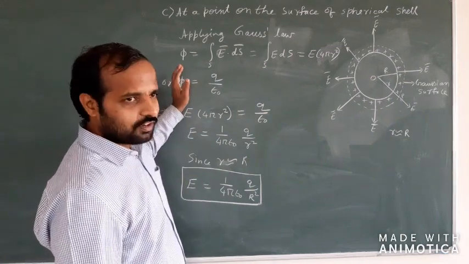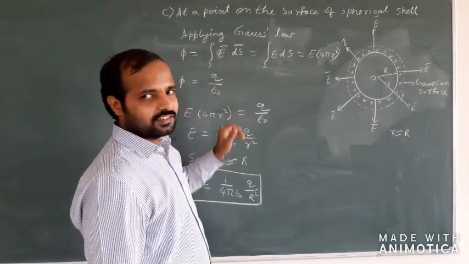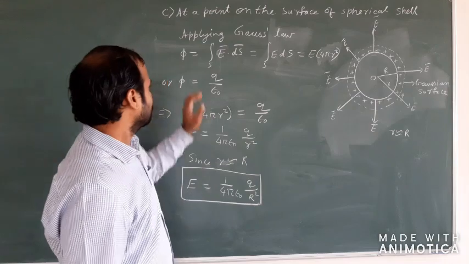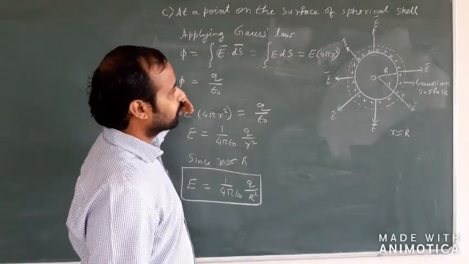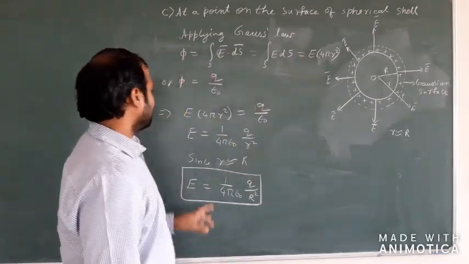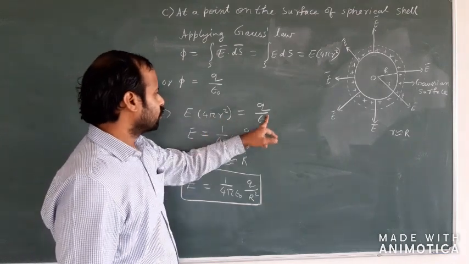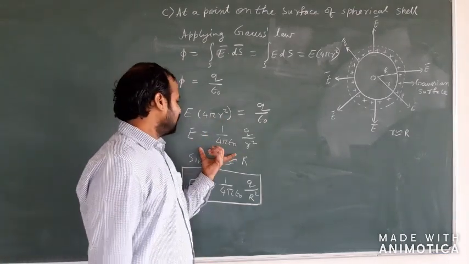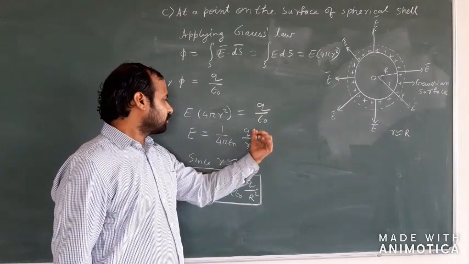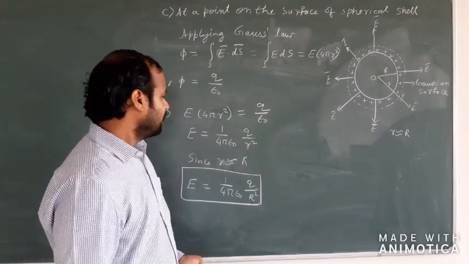Now we also have from the Gauss theorem φ = q/ε₀. So we take these two equations and equate them to get E × 4πr² = q/ε₀. So we have E = 1/(4πε₀) × q/r².